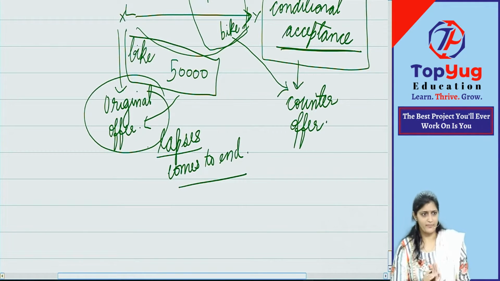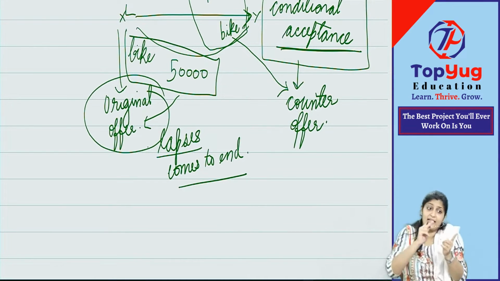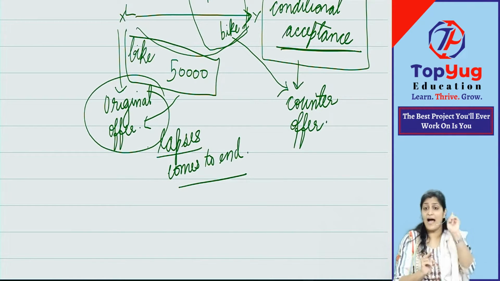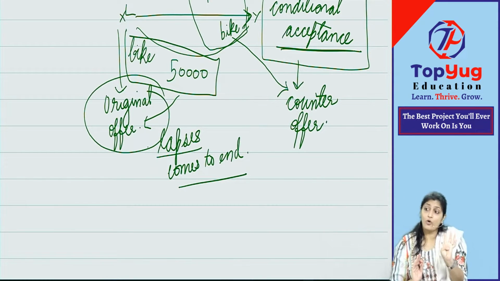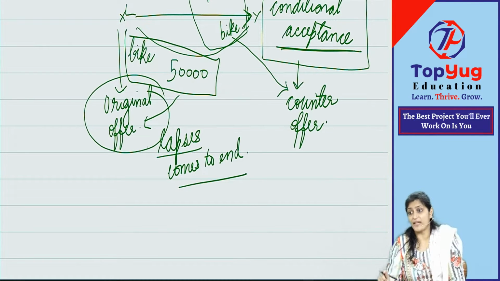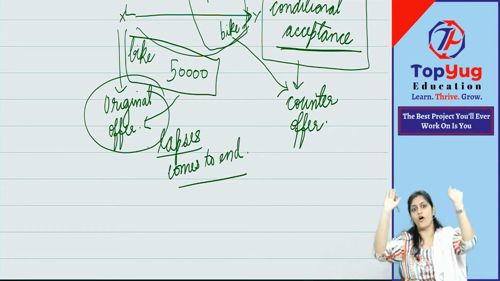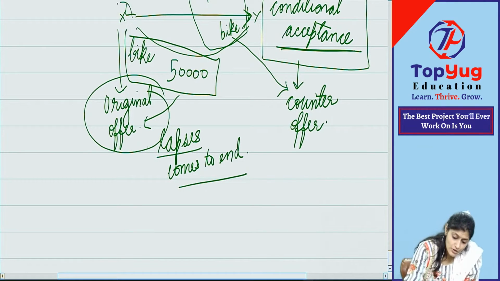X gave the offer: I will sell my bike to you at 50,000 rupees. Y gave the counter offer: I will purchase your bike at 40,000 rupees. Now the offer which X made to sell the bike at 50,000 rupees came to an end. There is no offer of that 50,000 rupees. Now it is X's choice.